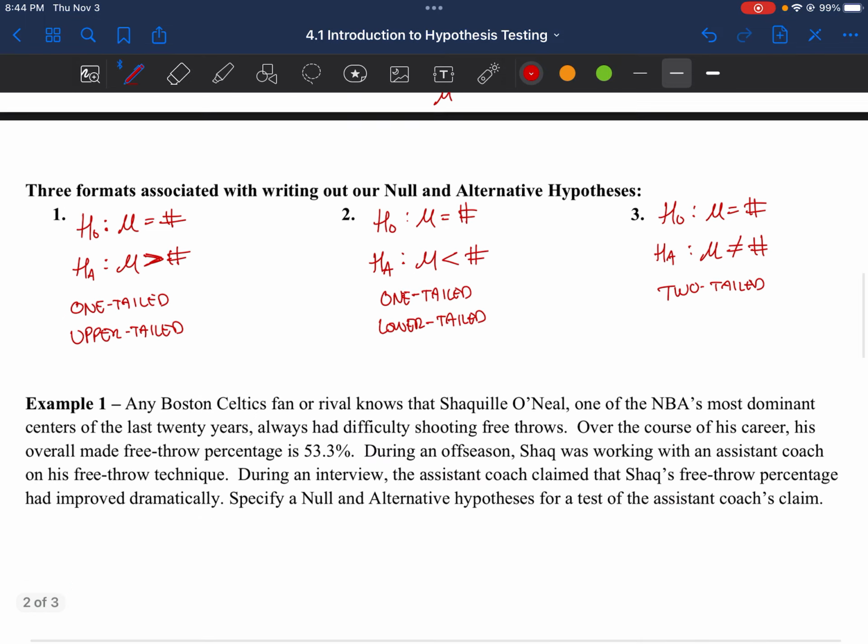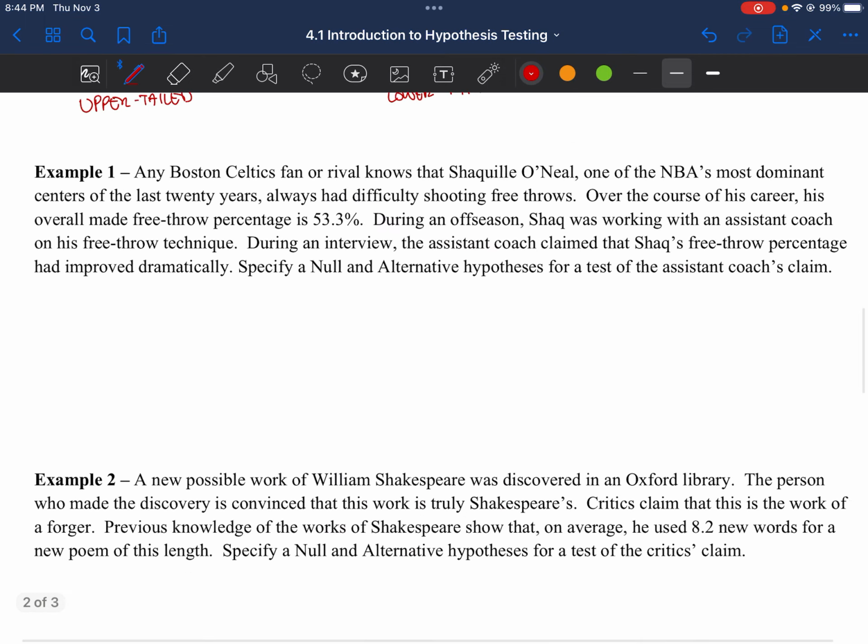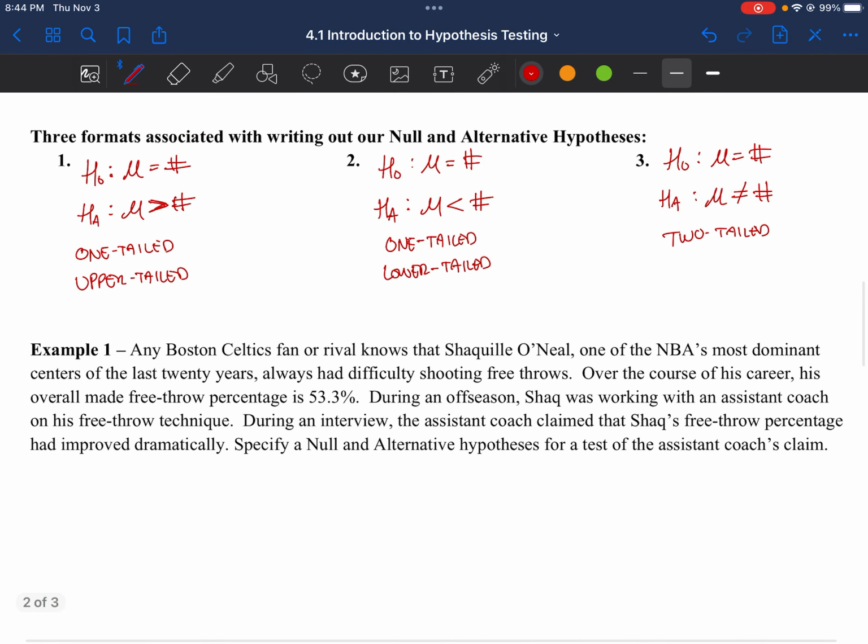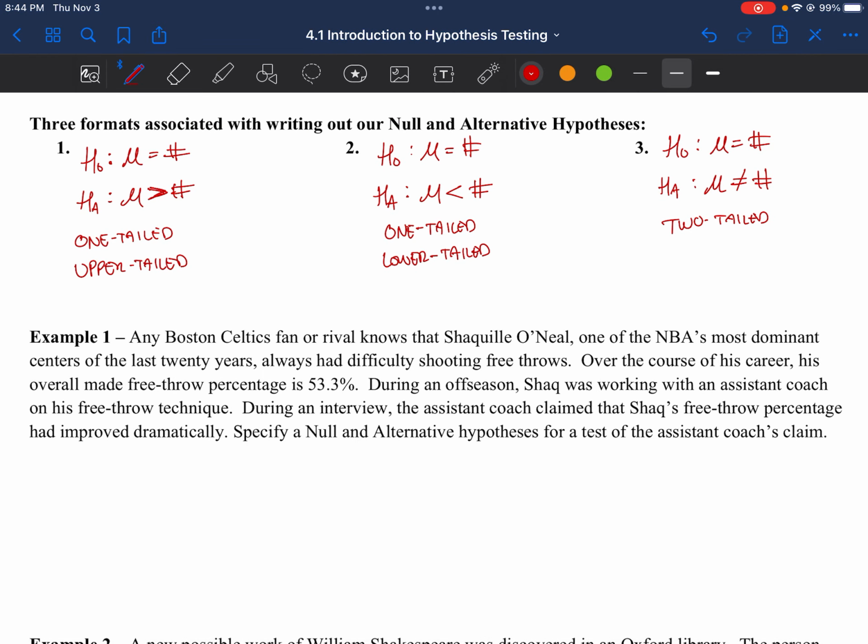So, here's our first example. Any Boston Celtics fan or rival knows that Shaquille O'Neal was not very good at throwing free throws. Over the course of his career, his overall made free throw percentage is 53.3%. So during an off season, Shaq was working with an assistant coach on his free throw technique.